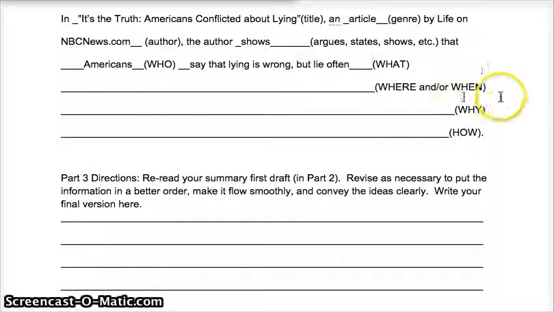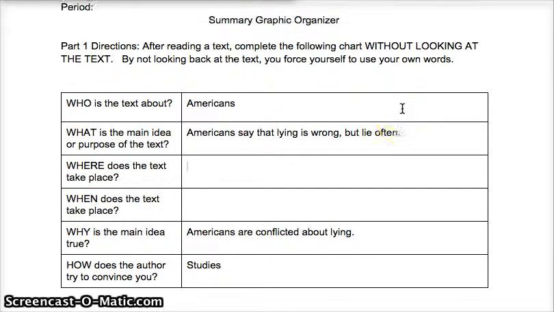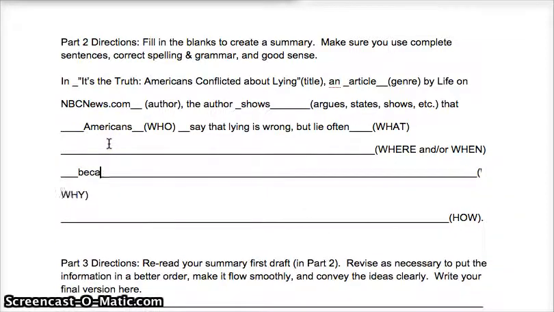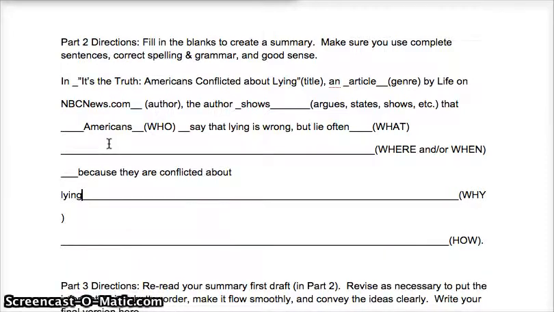The where and the when. Let's go back and look at it. Now the where and the when aren't very important. In fact, they're so unimportant that we can go ahead and get rid of them. Let's go back. Why do they do this? Because they are conflicted about lying.